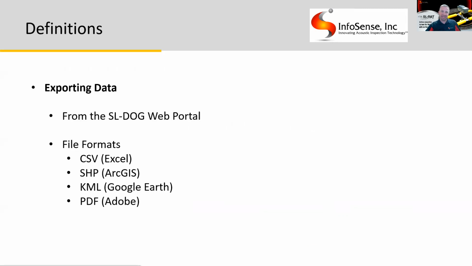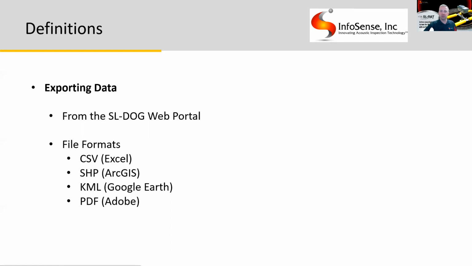You can then export data from the SLDOG Web Portal in the following 4 formats. The file formats that can be exported are CSV, which is a comma-separated value designed to be viewed in a spreadsheet like Excel. It can also be used to import into another program such as your work order or GIS programs.